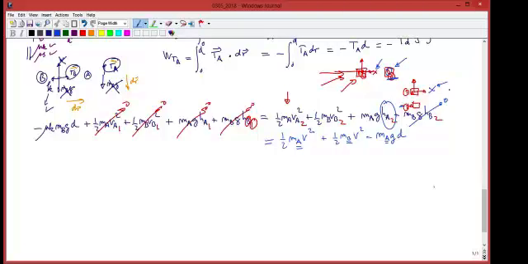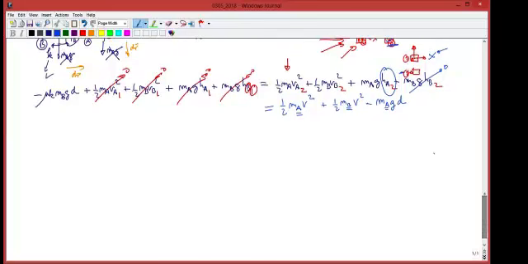Yeehaw! Done. So really, out of those 1, 2, 3, 4, 5, 6, 7, 8, 9 remaining terms, we really have only 3 or 4. Piece of cake. That's it. Now we can solve for v. So as you solve for v, you're going to move this term on the other side so you can factor g out.